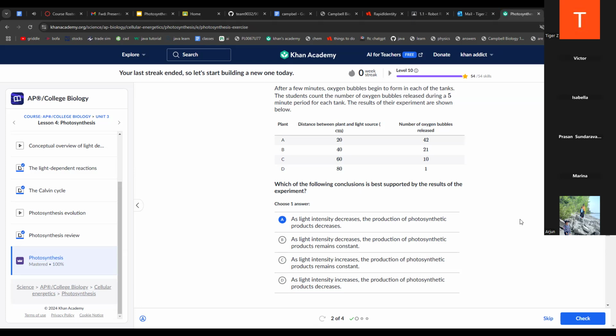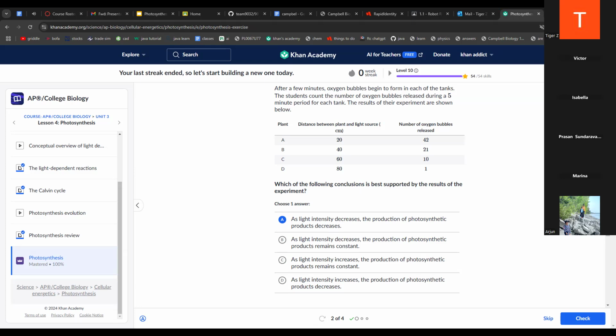Because you can see as the plant gets closer and closer to the light source, the amount of oxygen bubbles released is increased, which in turn means the amount of byproducts in terms of oxygen gas is increased as well. Wherever I said increased, I mean decreased. Yeah, I got you. That's some good reasoning.